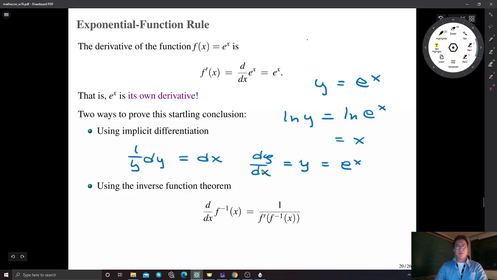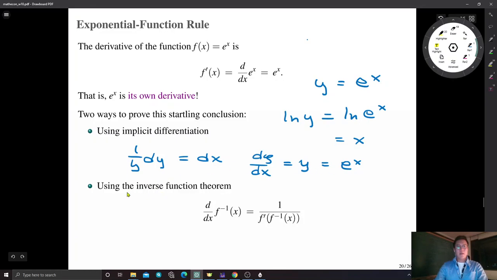Once again, I defined y as e to the power x, used logarithmic differentiation and solved for dy over dx, and I ended up with the function y, that is e to the power x. So dy over dx does not change at all. Dy over dx is the original function.